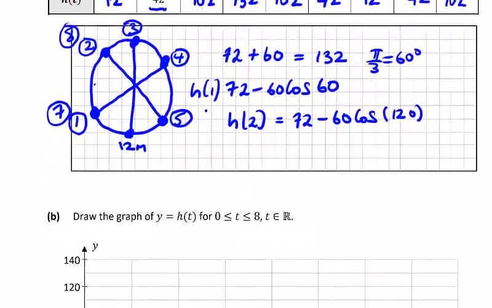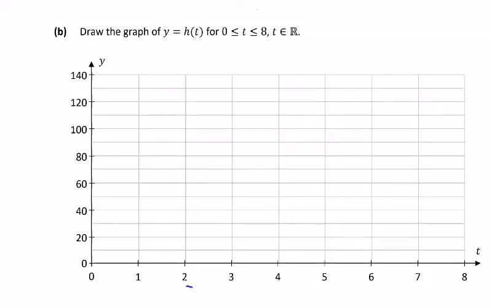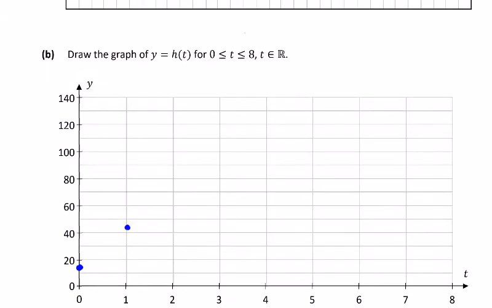What do we ask for then? In part B, the graph. Okay, so we have our points. Let's fill them in slowly. 0, 12. 1 we got to be 42. 2 we got to be 102. 3 was the max of 132.